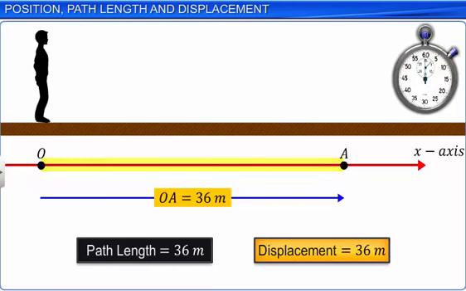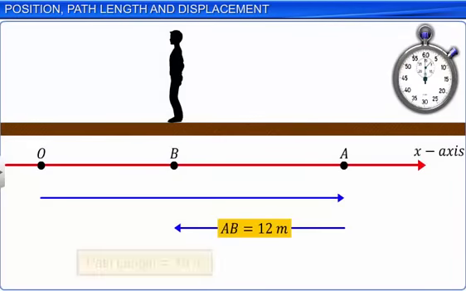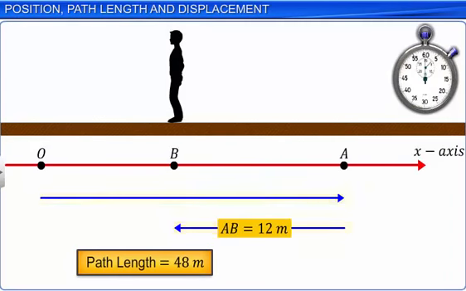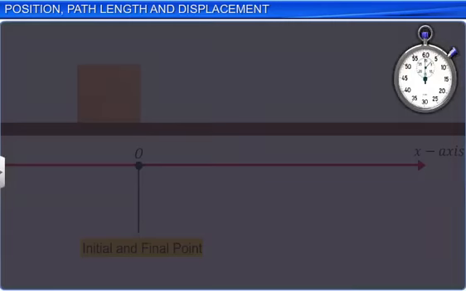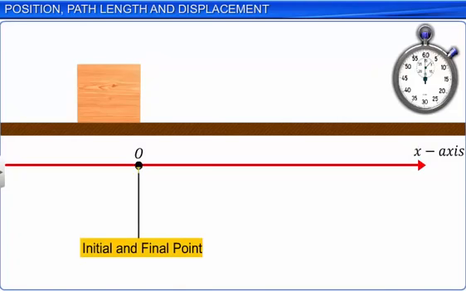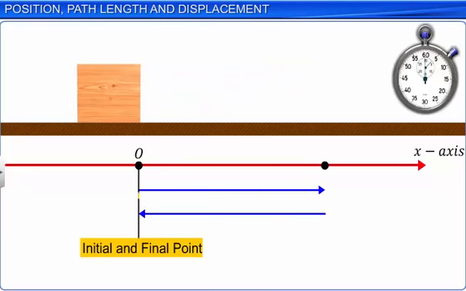For the motion of the man from O to A and back to B, the path length is 48 meters, whereas the magnitude of the displacement is 24 meters. There may be cases where the displacement of an object may be zero, even though it has moved, but its path length will not be zero.